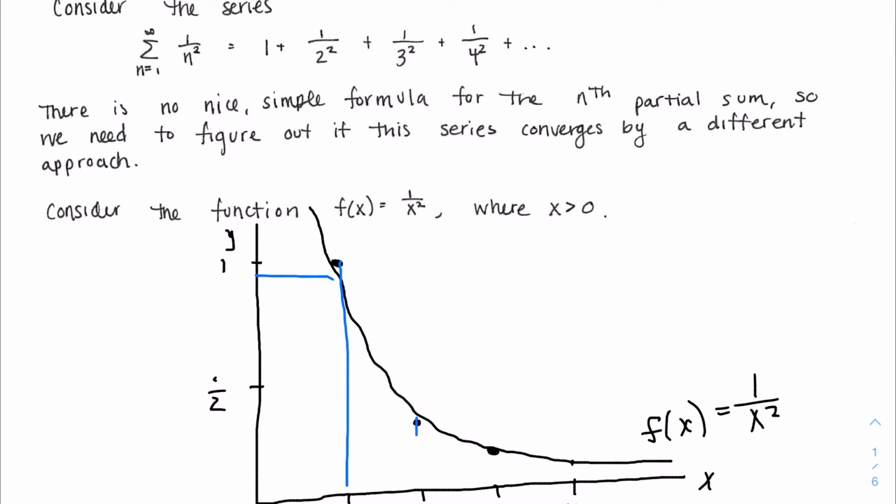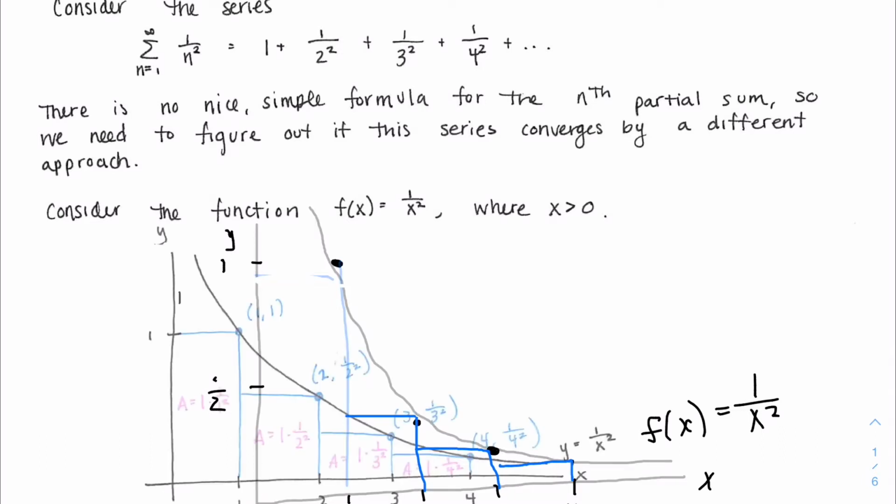If we look at approximating the area under here, the width of this rectangle is 1 again, and the height would be the function value at 2. Same thing here, same thing here. So we can approximate all of the area under the curve by these rectangles. Each of them would have width 1, and the height would be the function evaluated at that point.